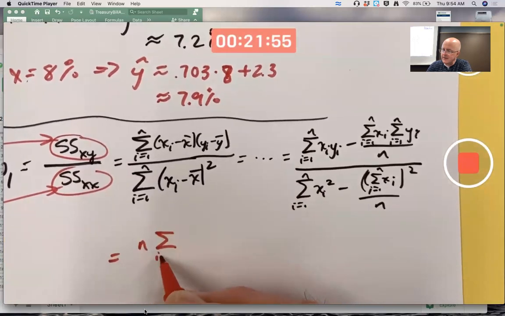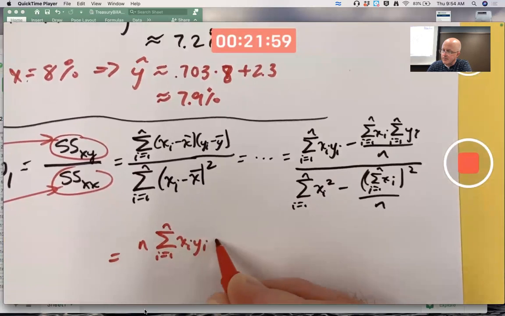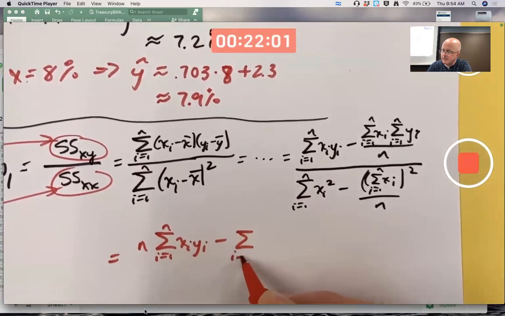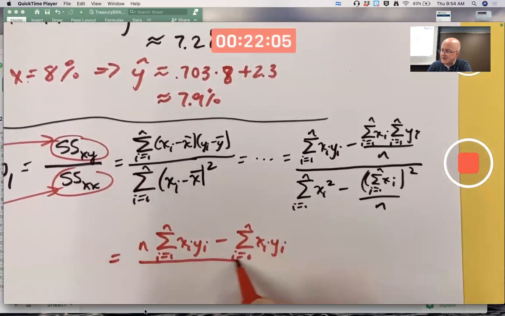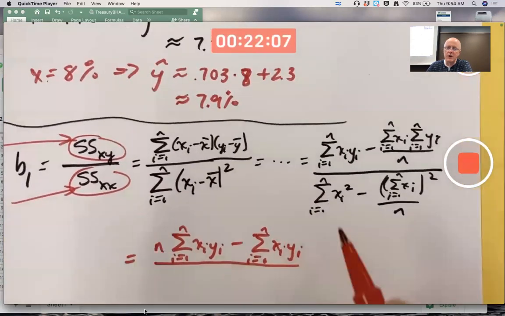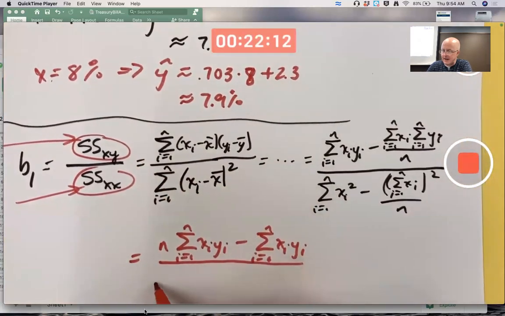So the book writes the slope formula this way. It gives you the same answer, though technically it's no longer the ratio of SSXY over SSXX. I multiplied the top and the bottom both by n.